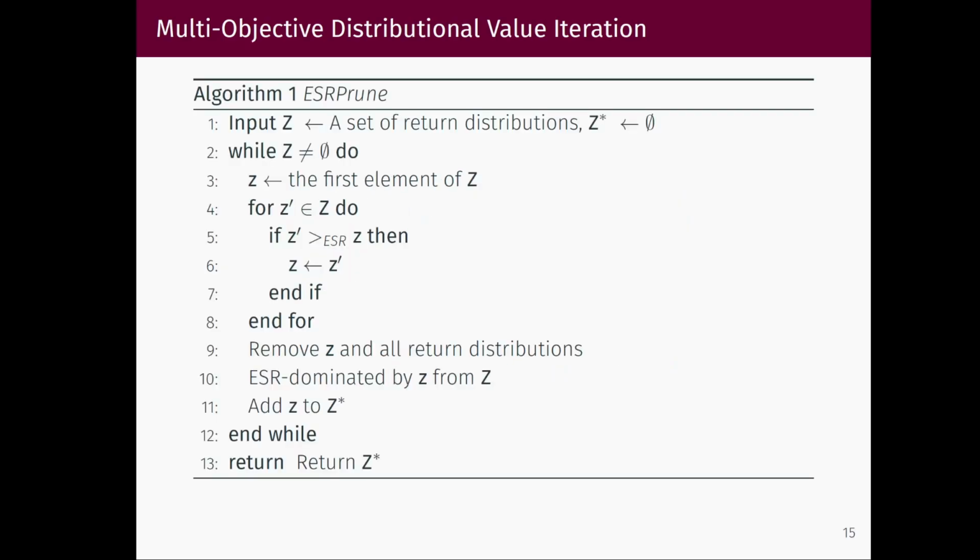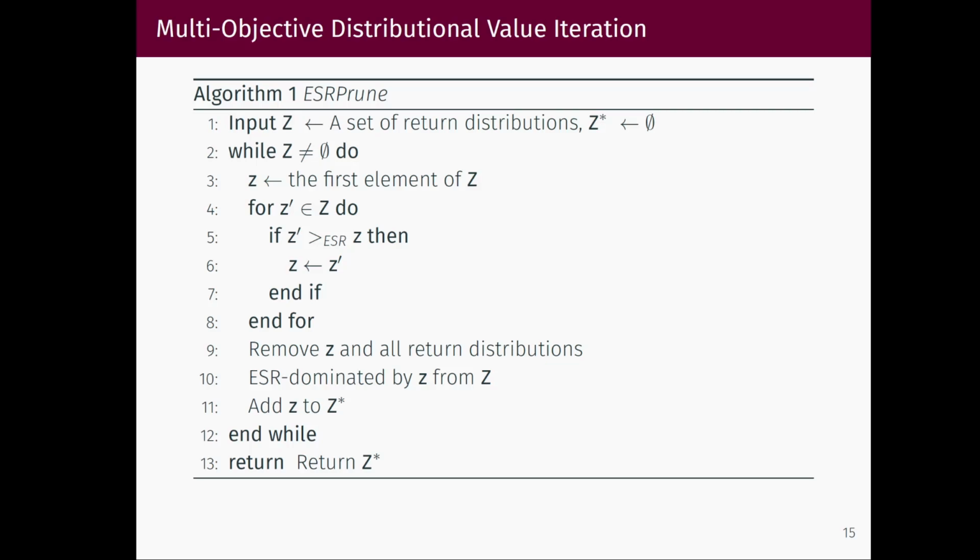I've included the algorithm here for reference. I'm not going to go into extreme detail, but we just iterate over the distributions in the set, utilize ESR dominance, and then remove any distributions that are dominated. That leaves us with a set of non-dominated return distributions, Z star.